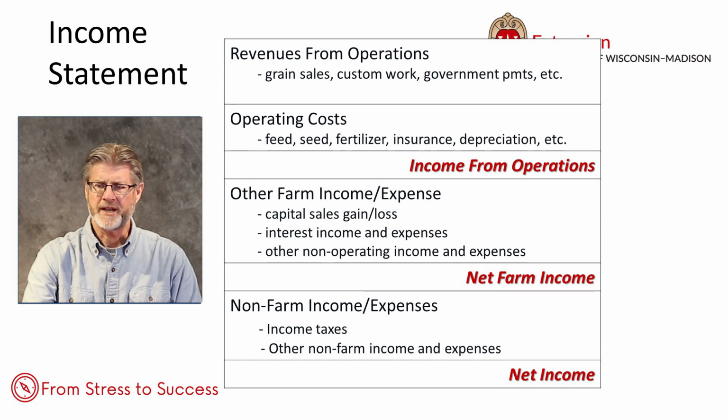The accrual income statement shows revenues, expenses, and profits that were realized during the year. The term accrual means that inventories have been considered. For example, let's assume $50,000 of grain was produced, harvested, and stored on farm in year one, but it hasn't been sold yet.